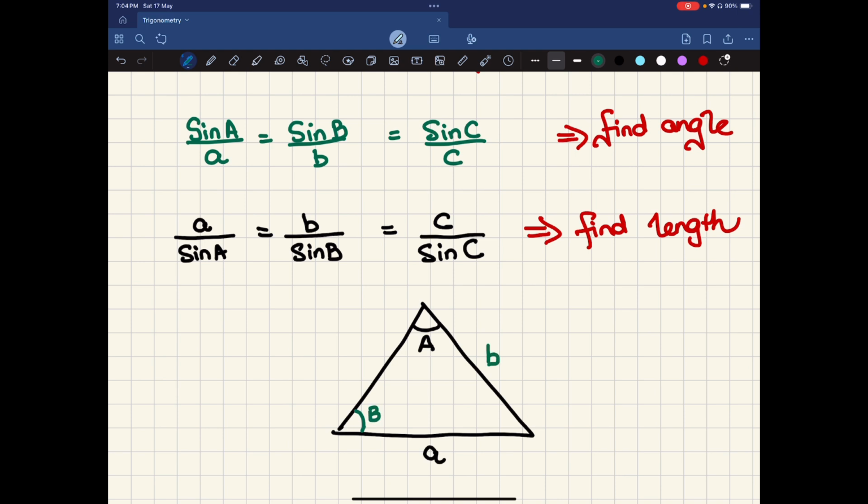This is lowercase b. And this is angle C, the length opposite to it, lowercase c, is this side. So these capital letters are all angles, and these lowercase letters are the lengths.